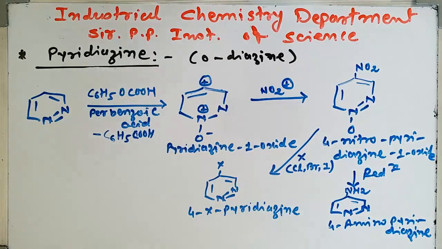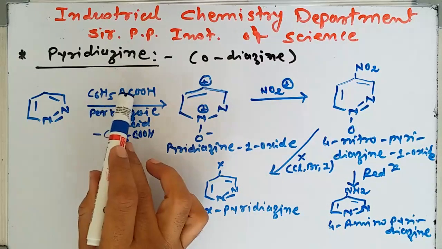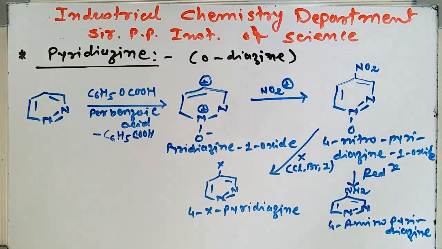So electrophilic substitution reaction in pyridazine is very difficult, but after converting pyridazine to pyridazine 1-oxide by perbenzoic acid, C6H5COOOH, the electrophilic substitution reaction proceeds easily.